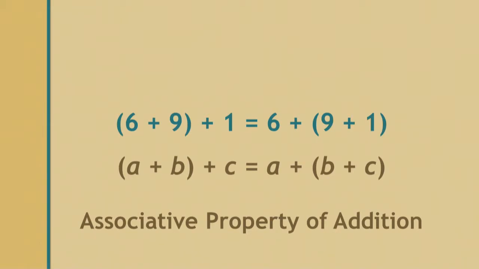On the left, we would add a and b first. On the right, we would add b and c first. It won't matter. The sum will still always end up being the same. To help keep these straight, remember that the associative property changes the grouping, while the commutative property changes the order of the addends.